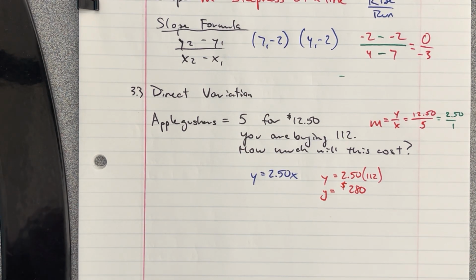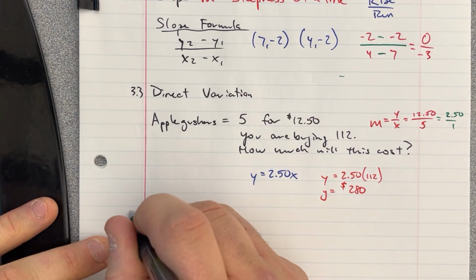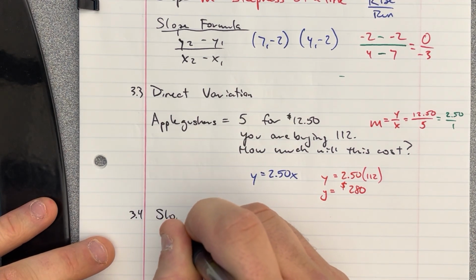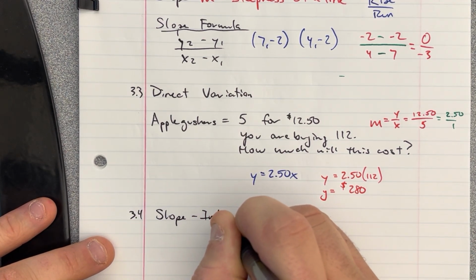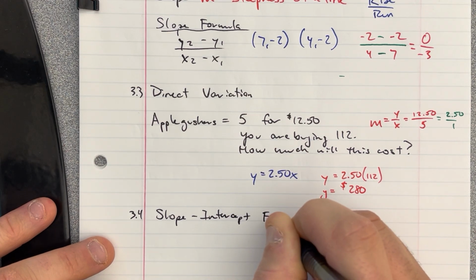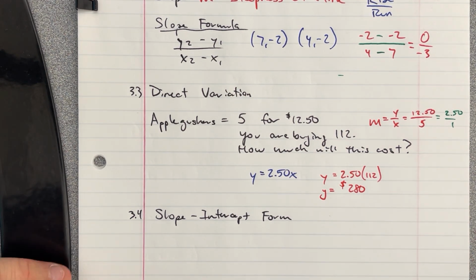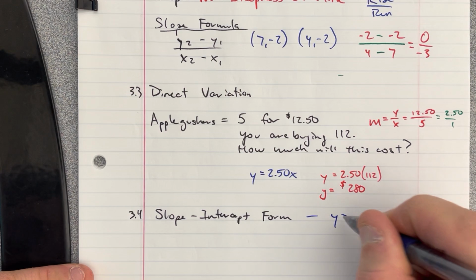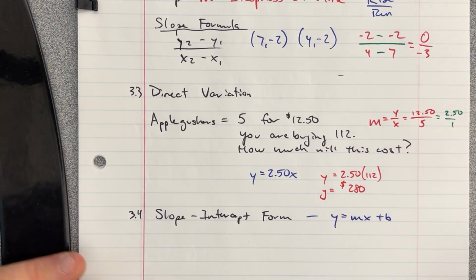From there, we started graphing lines using slope-intercept form. This is our, don't forget, y equals mx plus b.